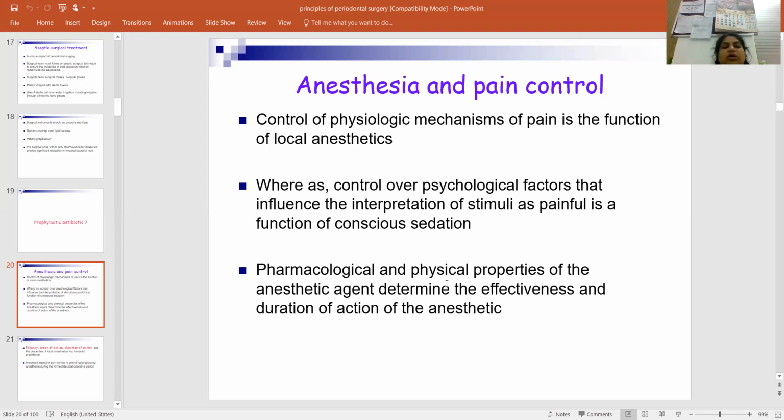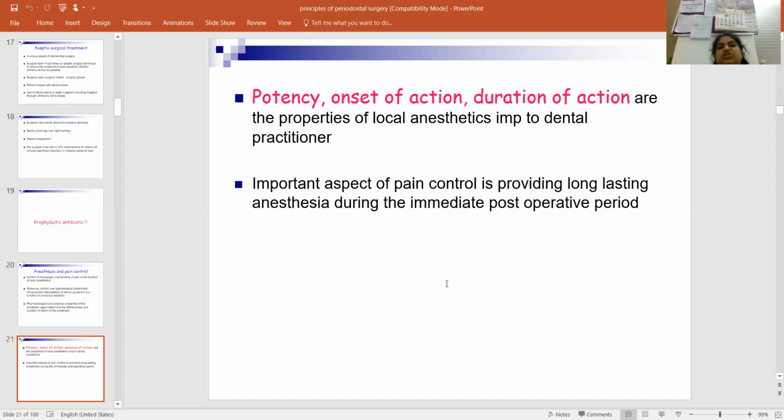You can use a long-acting anesthetic and you can also use a short-acting anesthetic agent, whatever you want to do. For allergic patients, you can also use anti-allergic components. So what are the potency, onset of action, and duration of action? These are the key factors to select the local anesthetic agent, and they are important properties for the dental practitioner.